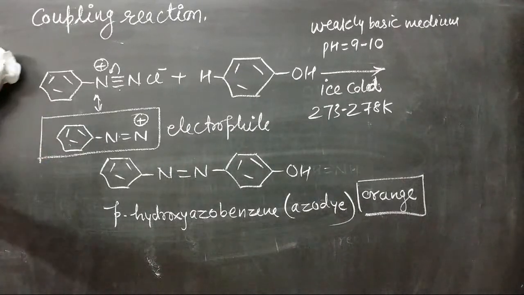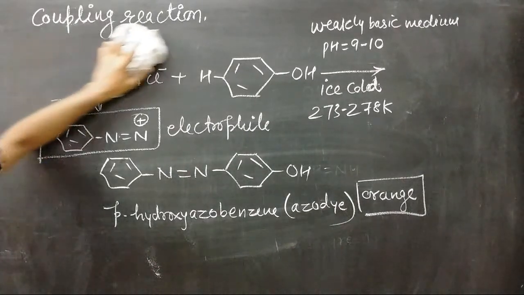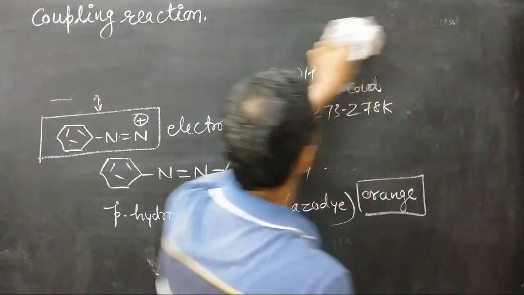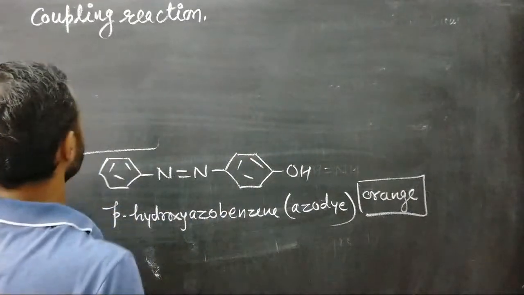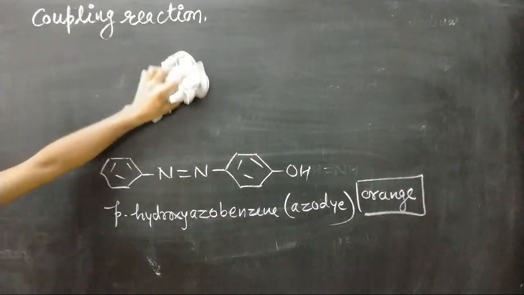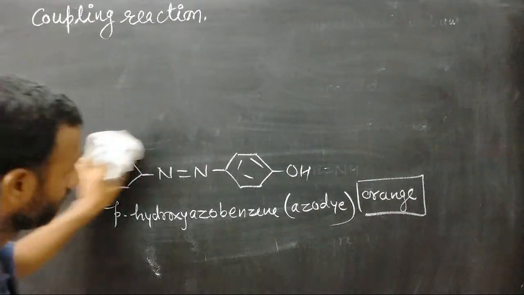In this way we get an azo dye, and this particular reaction is called coupling reaction because two molecules couple together, phenol and diazonium salt.